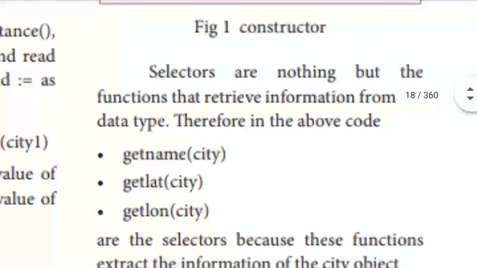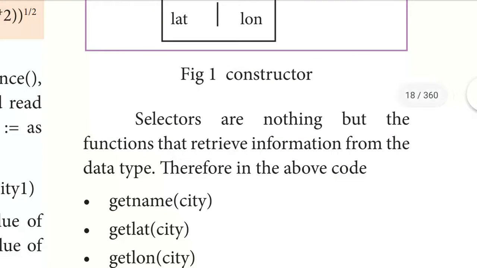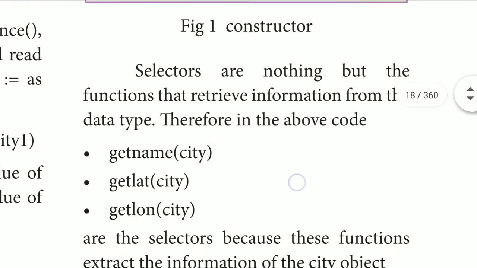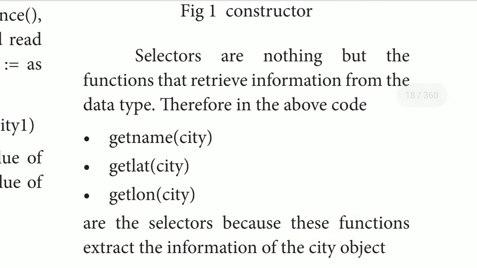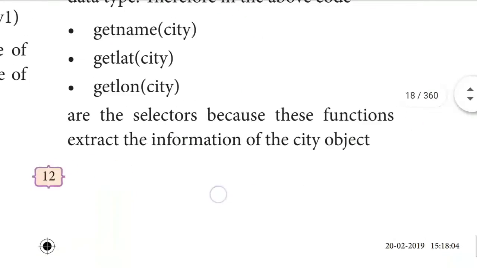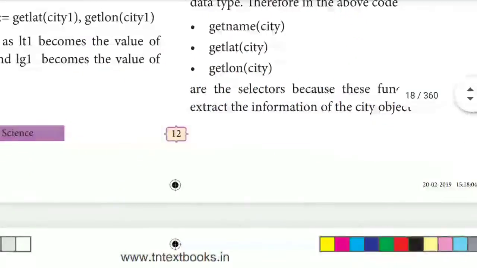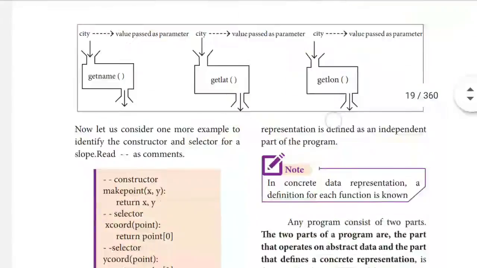A selector is nothing but a function that retrieves information from the abstract data type. Therefore, in the above code, get name, get lat, and get long are the functions that extract information from the city object.